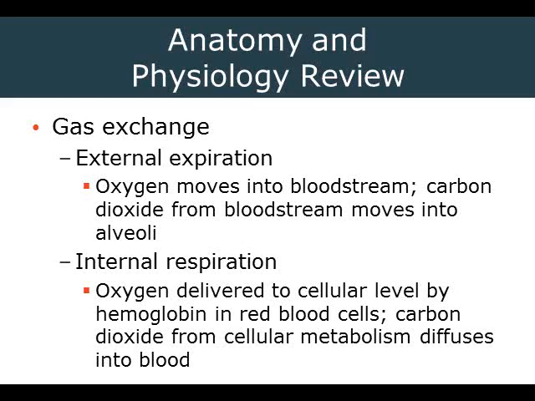So internal respiration occurs when the oxygen is delivered to the cellular level by the hemoglobin on the red cells, and the carbon dioxide is released from cellular metabolism and goes into the blood. So let's say we got fresh blood, no carbon dioxide, 21% oxygen from the alveoli. It circulates through our body and it goes down to our toe. And the toe is going to say, oh, I've got trash and I need goods, so it makes the swap.